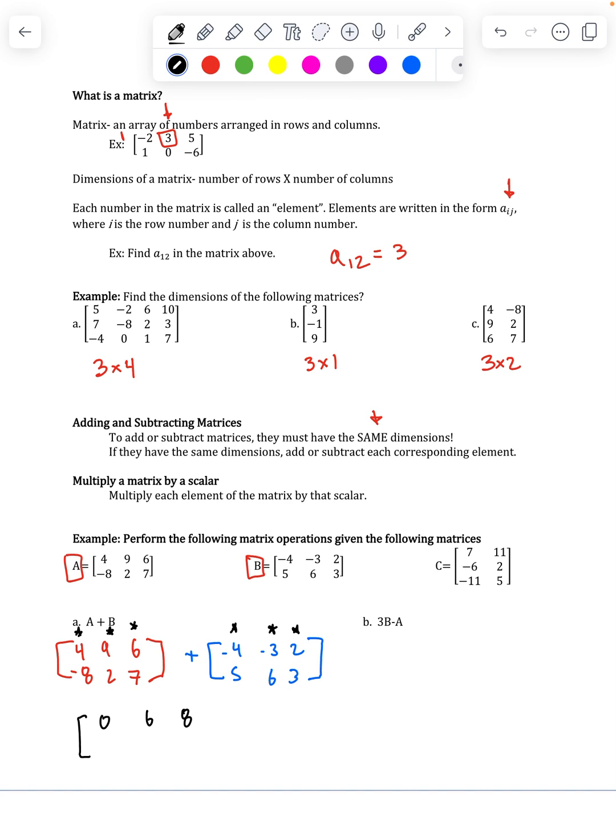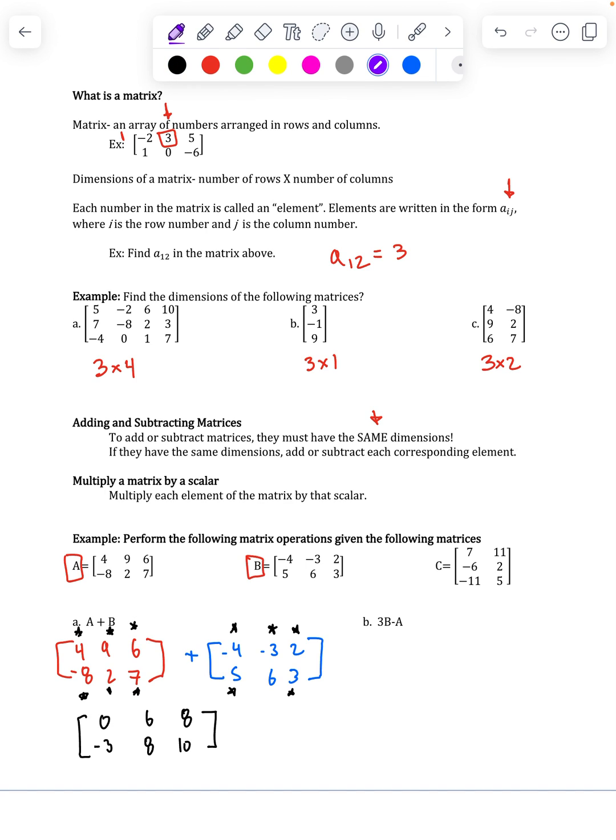That'll give me 8. I go to the bottom. -8 plus 5. That will give me -3. And then 2 plus 6 will give me 8. And lastly, 3 plus 7 will give me 10. And I've added A plus B.